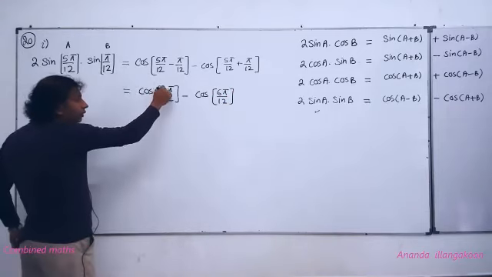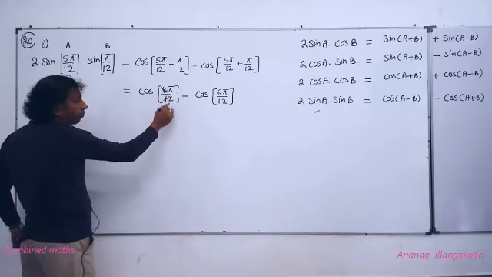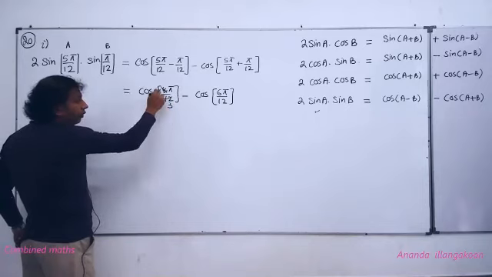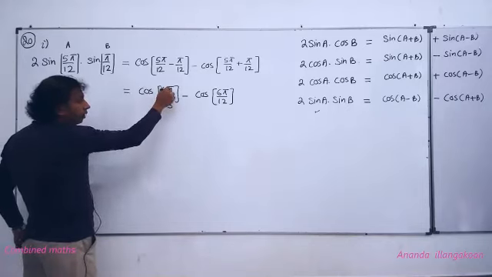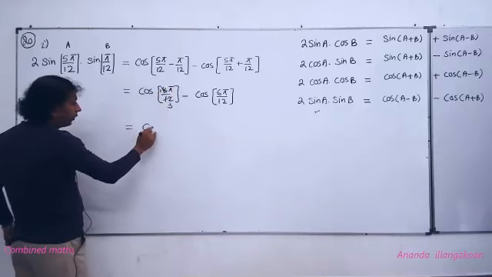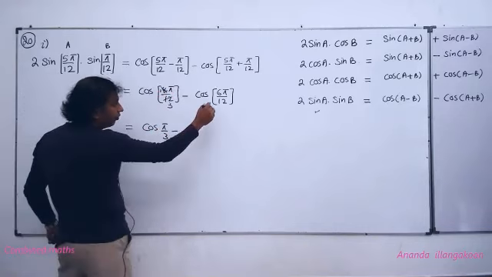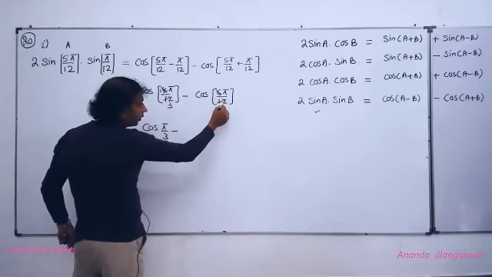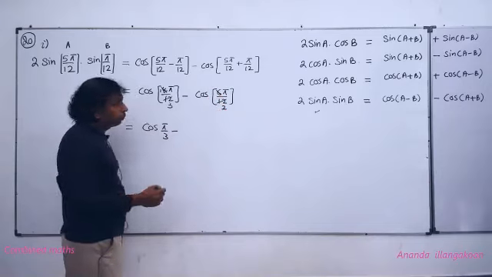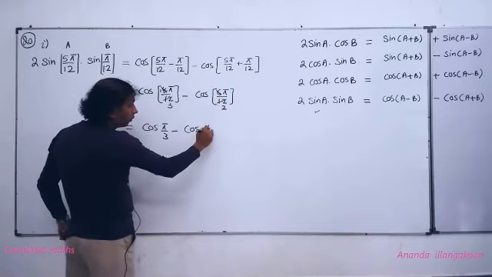This 4 and this 12 we can cancel down by 4. Then we get 3 here, 1 here. Then 1 times pi is pi, pi by 3. We get cos pi by 3 here. Minus, this 6 and 12 we can cancel down by 6. We get 2. Then we get cos pi by 2.